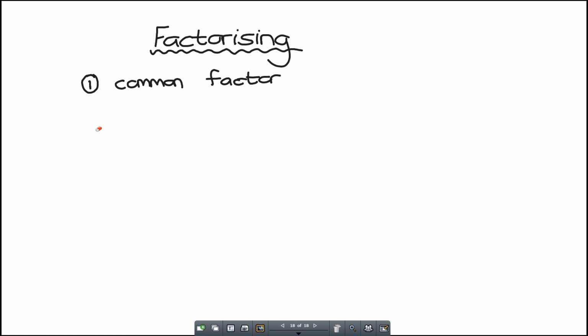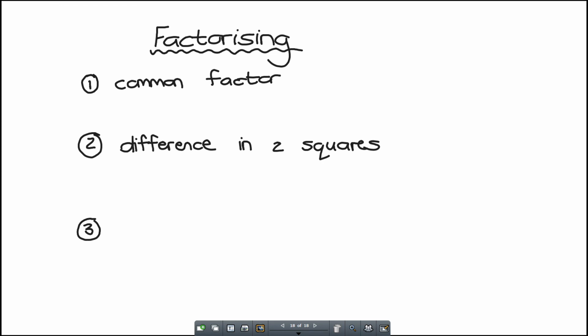The second one is difference in 2 squares. And then the third one is trinomials.